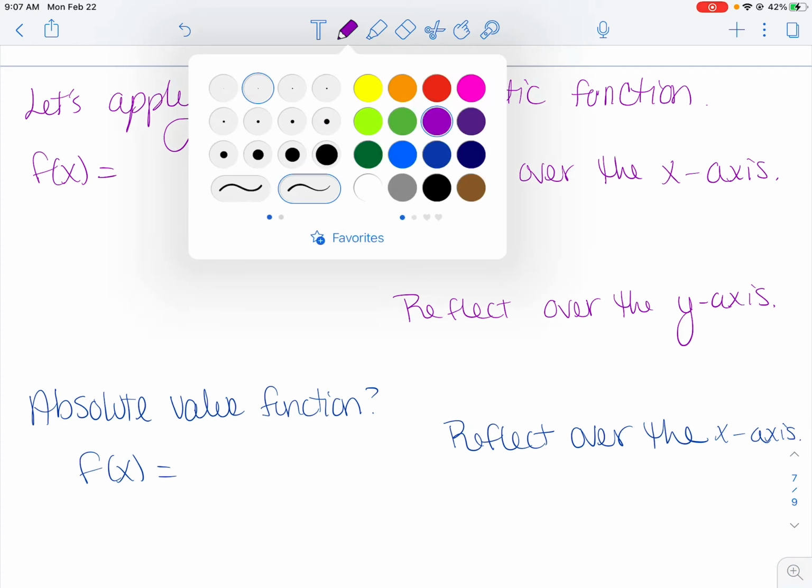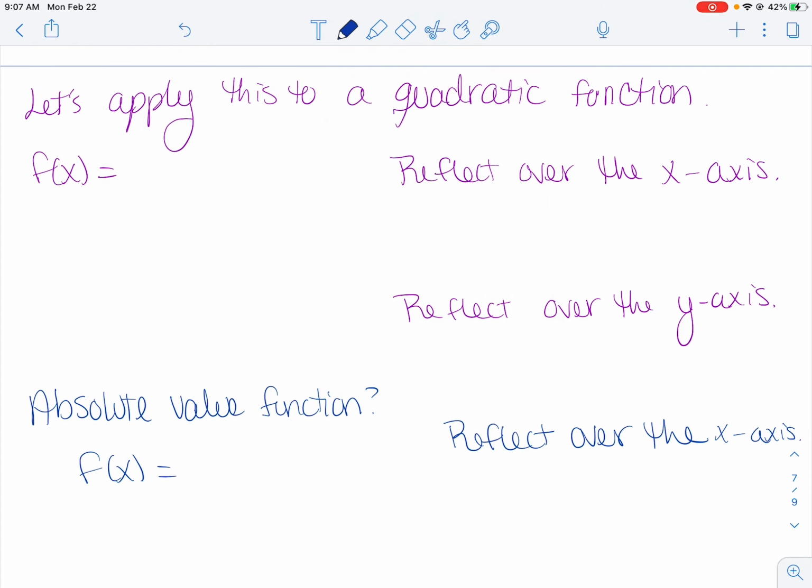All right. So let's apply this to a couple different ones. So first, let's apply this to a quadratic function. Remembering what the quadratic equation is, when we know it's a parent function, we just want f of x equals x squared, right?